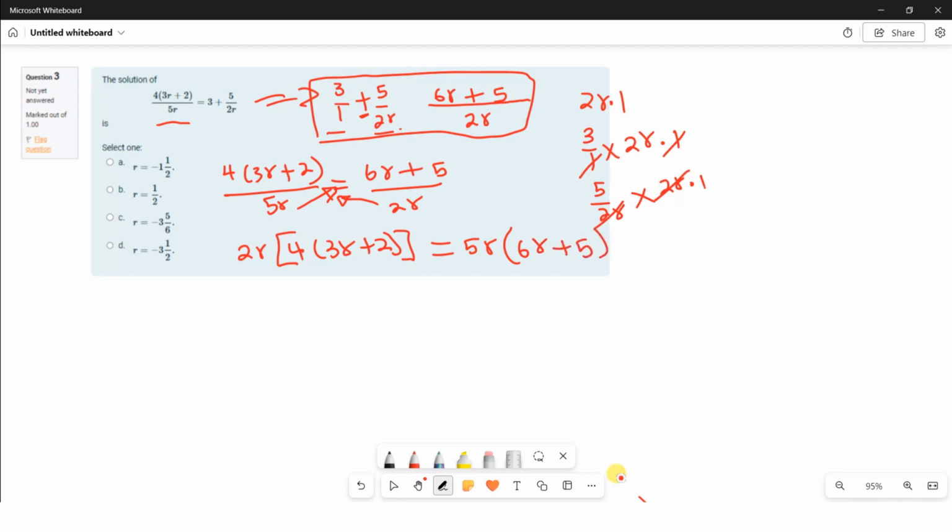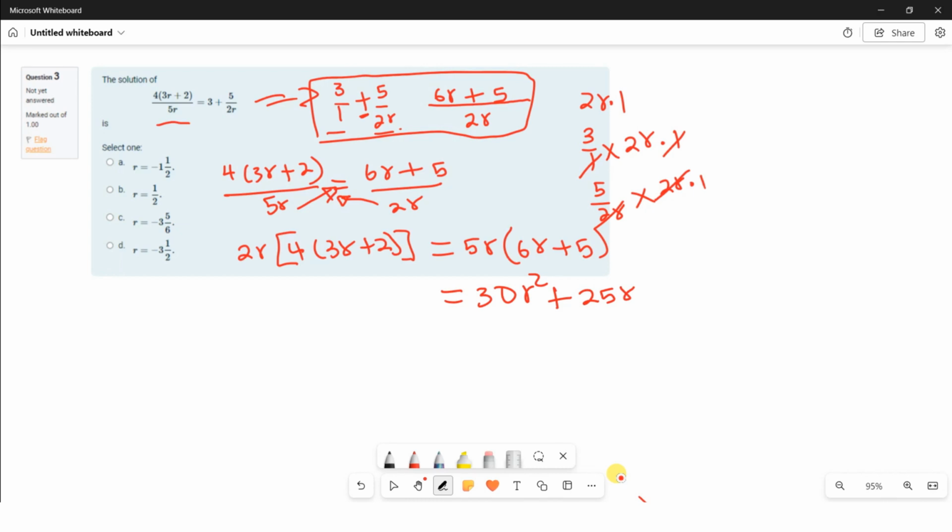When you have something like this, you simply have to get rid of the brackets. In this case, this is going to be 5r multiplied by 6r. 5 times 6, that is 30. r times r, that is r square. Then 5r multiplied by 5, then you'll have plus 5 times 5, that is 25, and then you keep r.